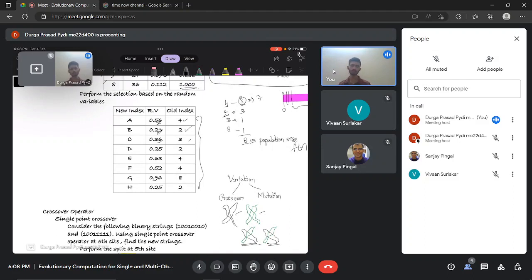In the crossover operator, again we have two different types. We'll go one by one. The first type is the single point crossover operator. So you have a chromosome, say a binary string of length L equal to 8. You essentially have 8 bits.